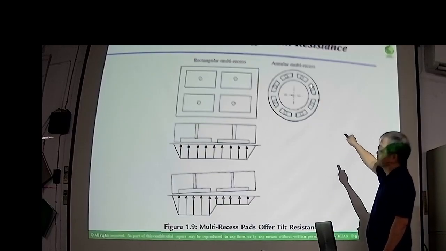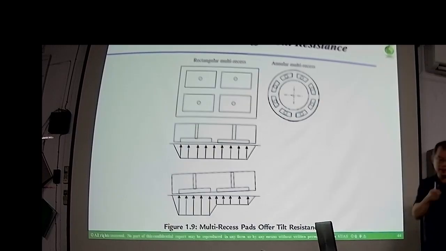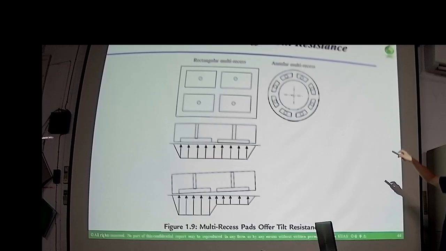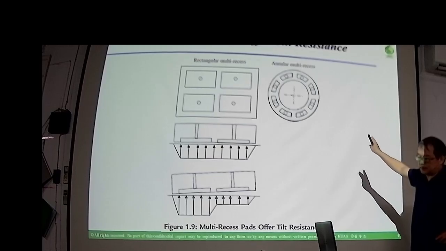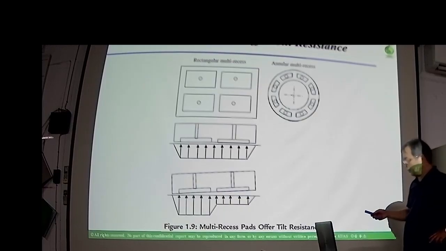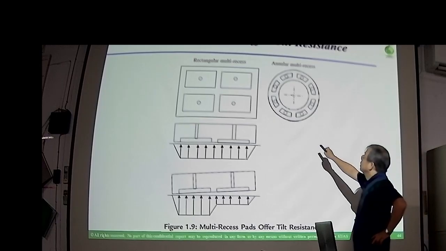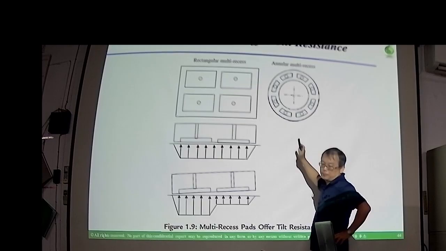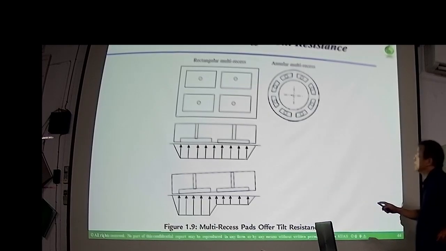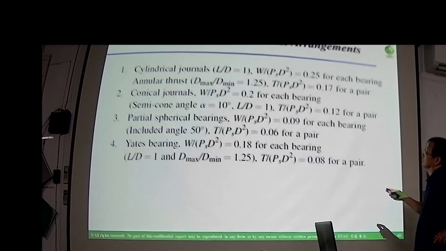And this is also a thrust bearing design, especially for the spindle, where each one is a unique or single recess type. In this case, for the thrust bearing here, you have 1, 2, 3, and so on, totally 8 recesses in the thrust bearing. So this is an annular multi-recess thrust bearing. You can look at this one.